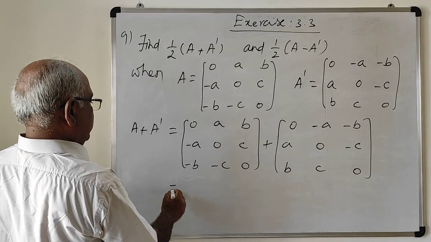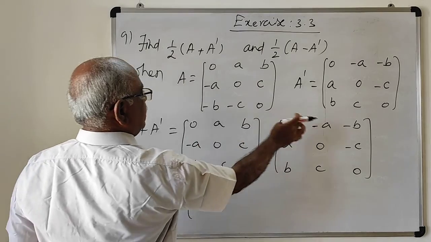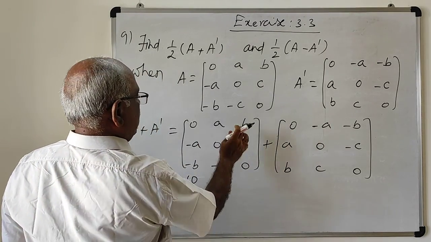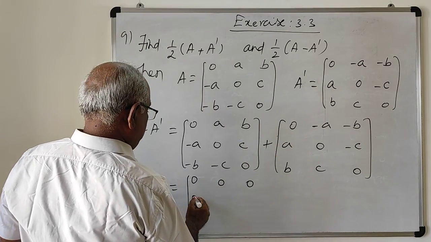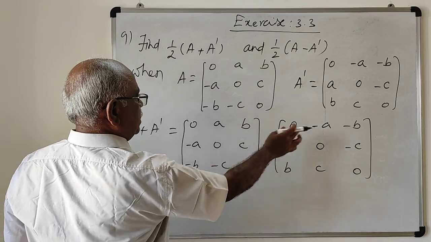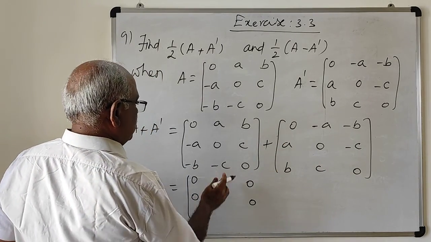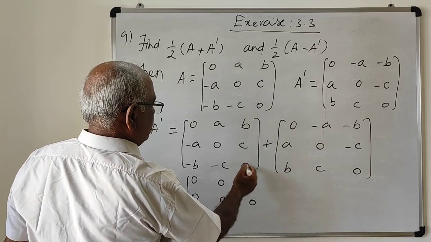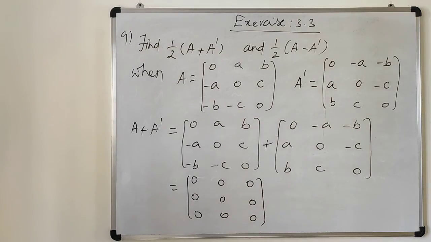Adding, we get 0 plus 0 is 0, a plus minus a is 0, b minus b is 0, minus a plus a is 0, 0 plus 0 is 0, c plus minus c is 0, minus b plus b is 0, minus c plus c is 0, and 0 plus 0 is 0. So this is A plus A dash.